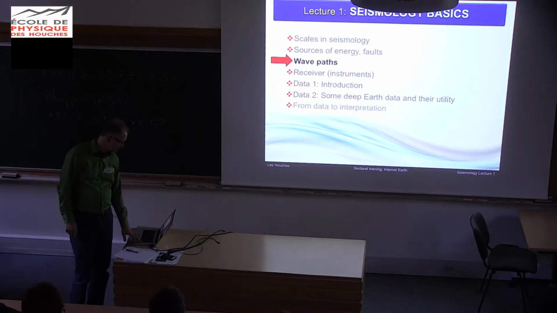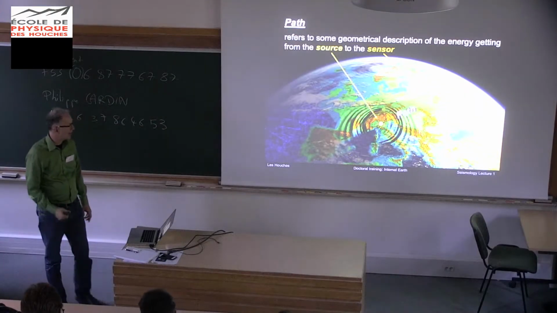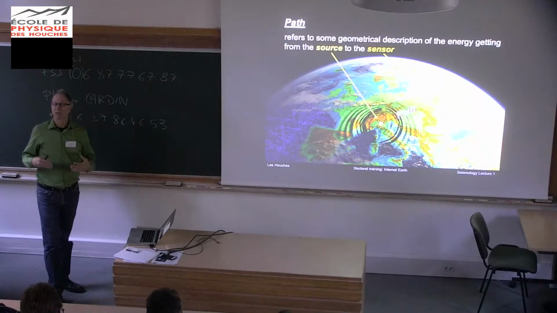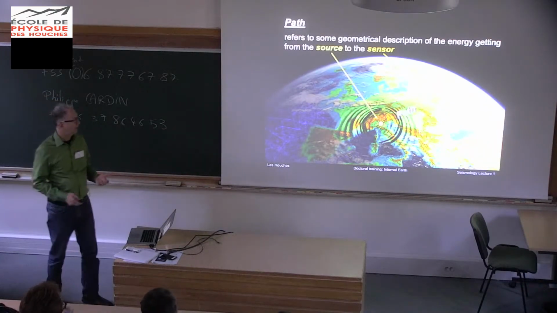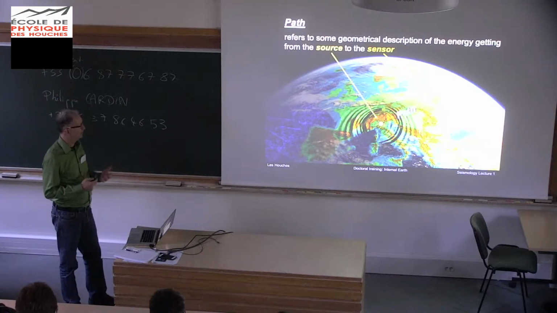And if we go to the wave paths, the word path is used differently by different people, but it's simply described as some geometrical description of the energy from a source getting to your sensor.